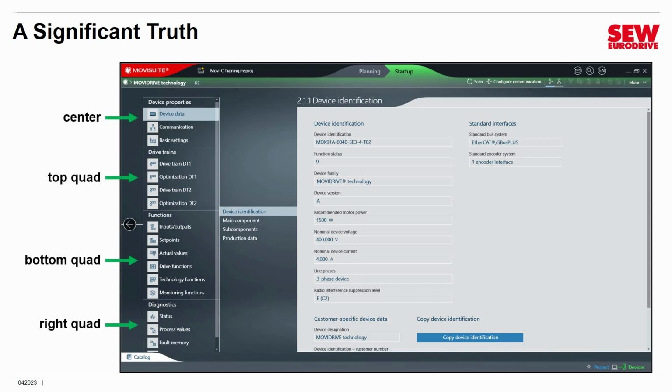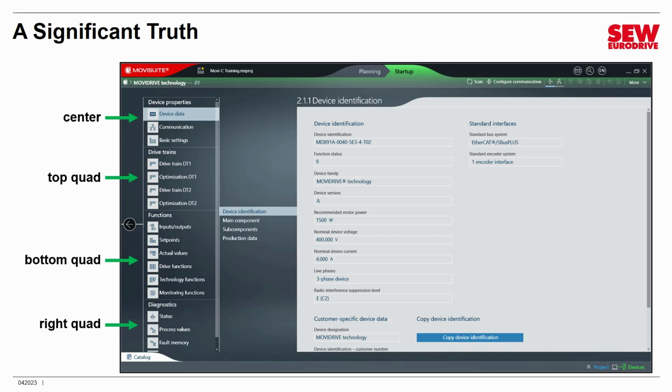If you click near the center of the access circle, you'll come to the top part of the menu. That involves things dealing with the device itself, so usually one of those menus will be activated. If you click the top section, the top quadrant I call it, you'll be connected with the menus labeled drivetrains.